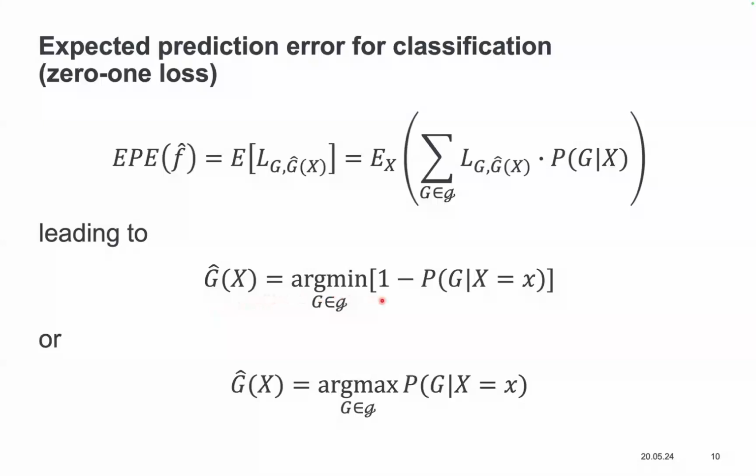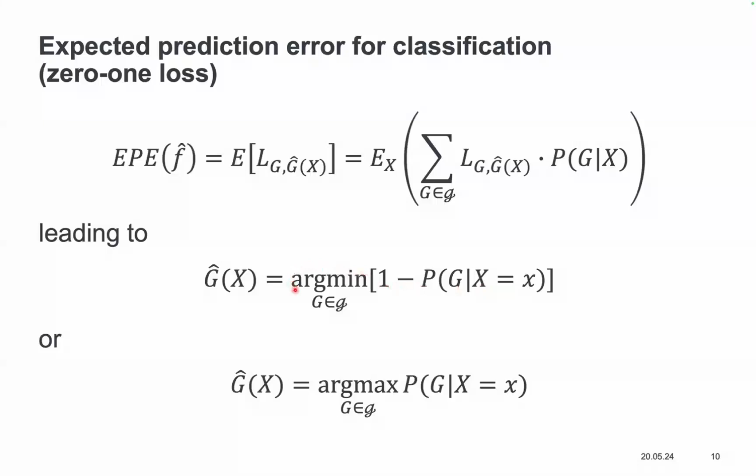And minimizing means, of course, that the loss should be as small as possible. And here it's described, especially for the 0-1 loss case, as 1 minus the probability that I see a particular class. So I want to have a prediction that predicts the class that has the highest chance of appearing for a particular object.